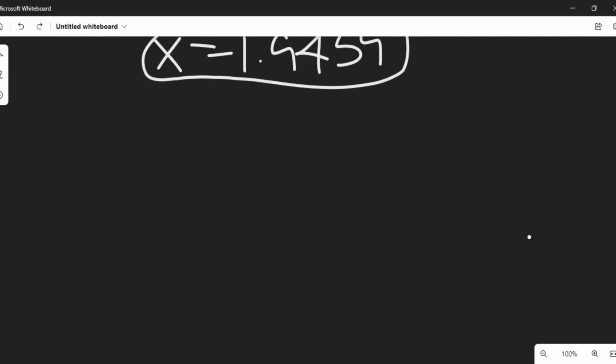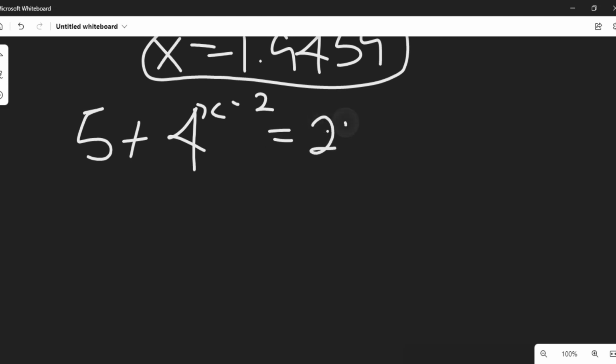If you are given a question like this, 5 plus 4 raised to power x minus 2 equal to 23, what do you think we can do to find the value of x? Well, what I think we should do first is to subtract 5 from both sides.